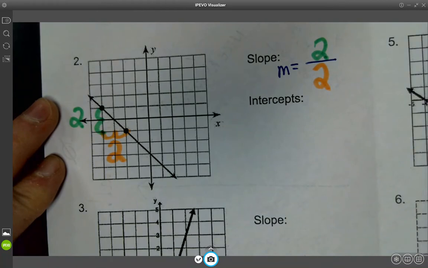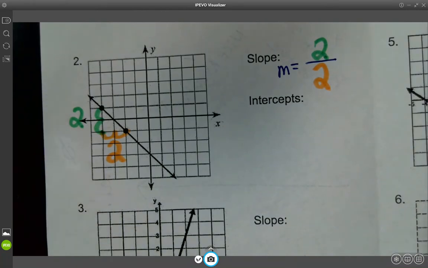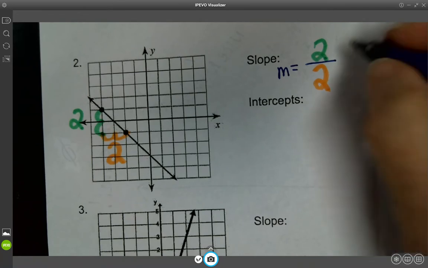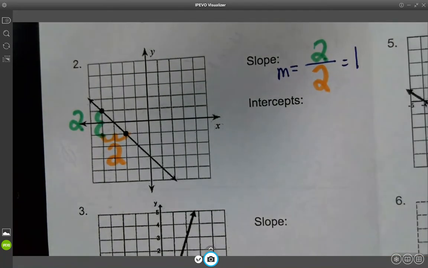M equals 2 over 2. If I have 2, put it over 2, what does that equal? 1. So my slope is 1. So it can reduce down.